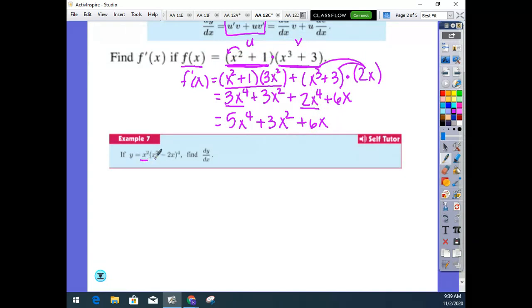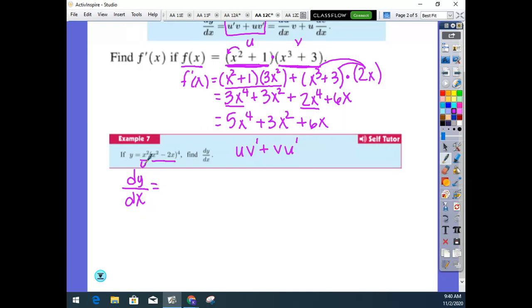All right, now we're going to do the same thing. Since x squared is being multiplied times this, u v prime plus v u prime. The derivative of y with respect to x equals, my u is x squared. Be very careful. V has a chain rule.